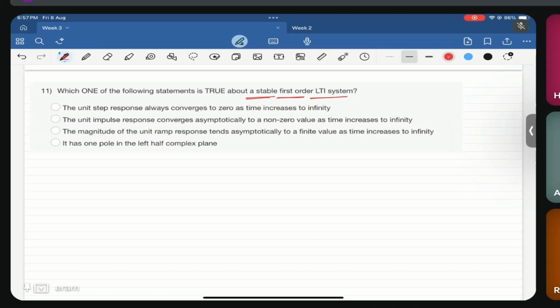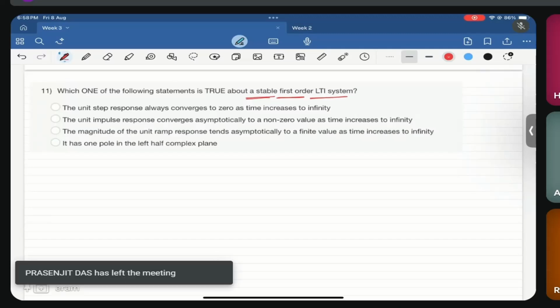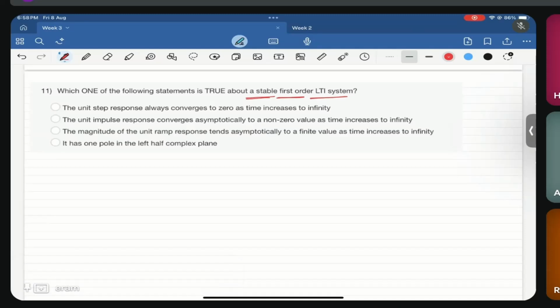Now comment on which among these options is the correct one. B. Okay.